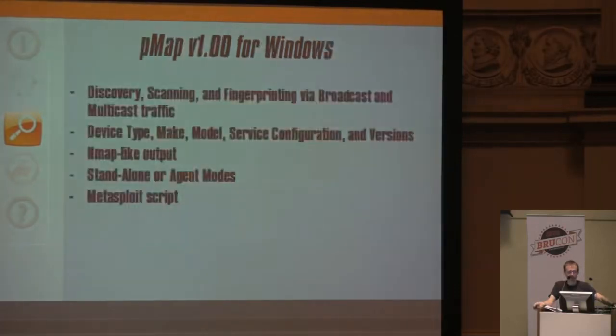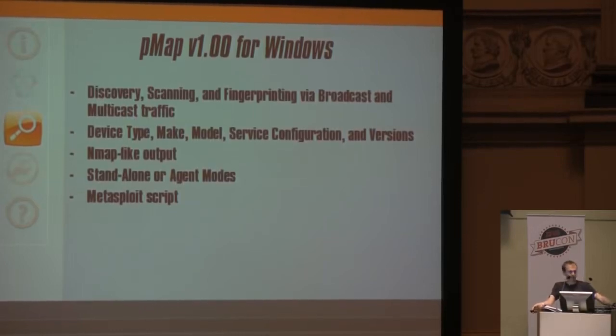Alright, so let's get started. He is outfitted with pMap version 1.00 for Windows. Discovery, scanning, and fingerprinting via broadcast and multicast traffic. The fingerprint often contains device type, make, model, service configuration, versions. There is an nmap-like output. There are standalone and agent modes.